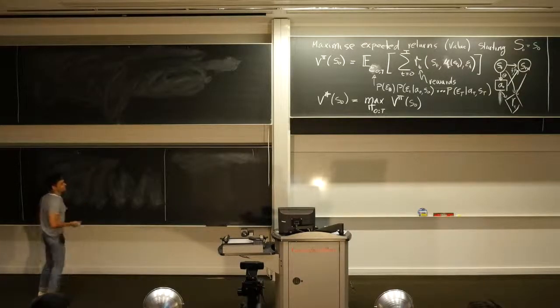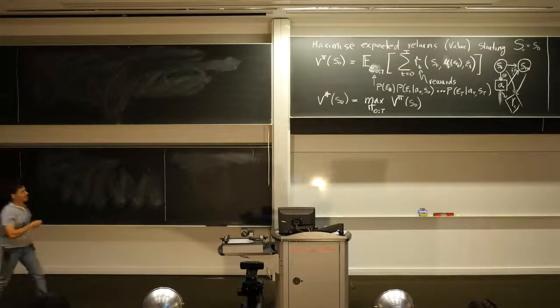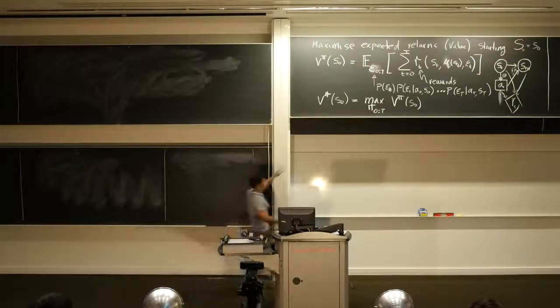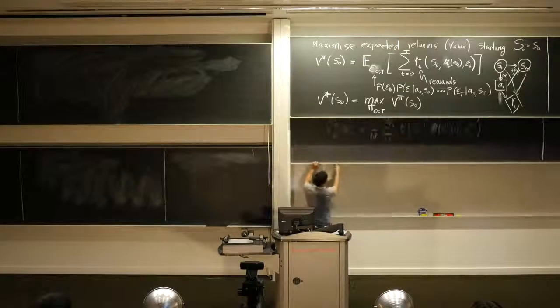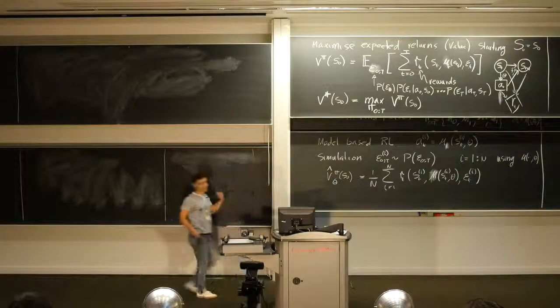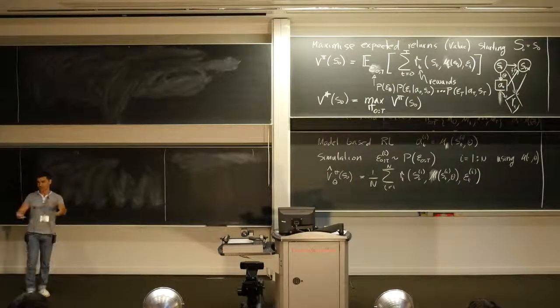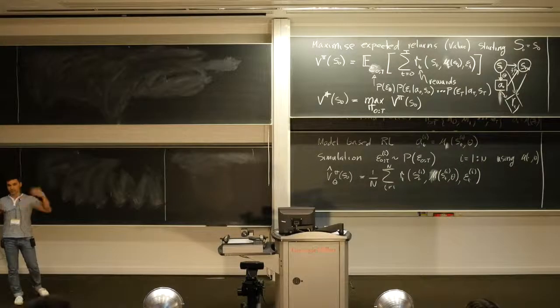All right, thank you. All right, where are we? So we've defined the value function. We've described how to do model-based RL. And now, this requires that you have a model. In a lot of problems you don't have a model, but you're acting on the world, you're learning a model as you go.